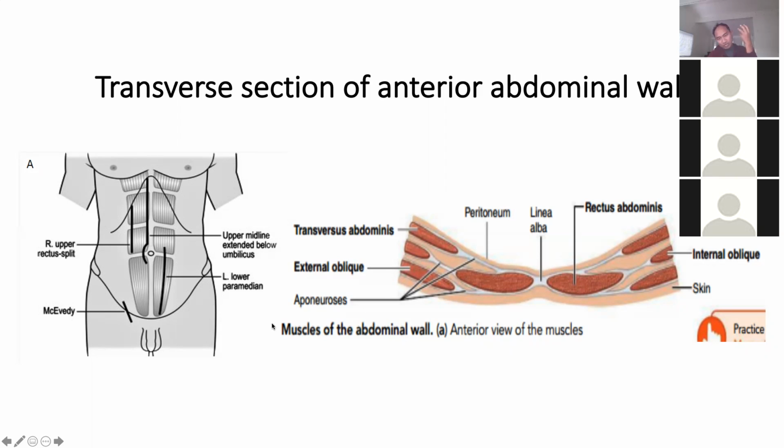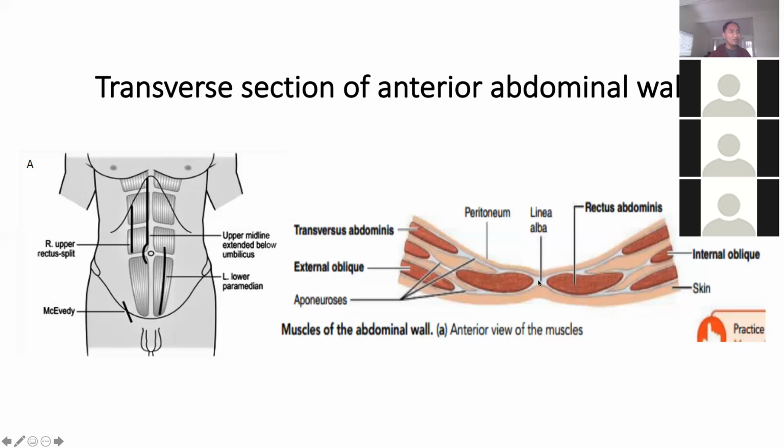And what structures are we going to cross? Of course, here, skin, which means epidermis and dermis, hypodermis, and then fascia. And then we go to the midline here, in between the two rectus. This is the right rectus, this is the left rectus, and we just split the fascia.